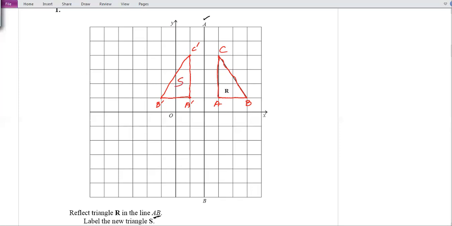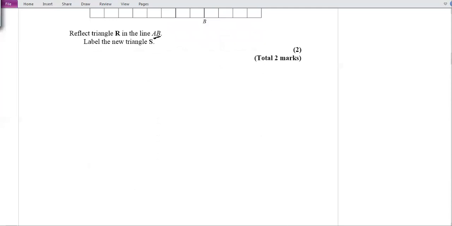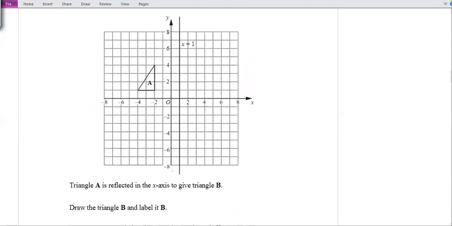So to perform the reflection is very simple. It's not difficult at all. For example, in this question, it said that triangle A is reflected in the x-axis to give the triangle B. Draw the triangle B. This is the triangle A. Let me make it red color so it becomes more visible.